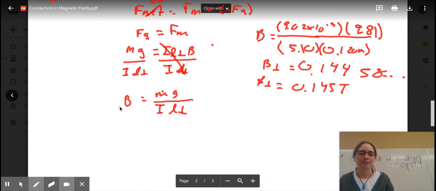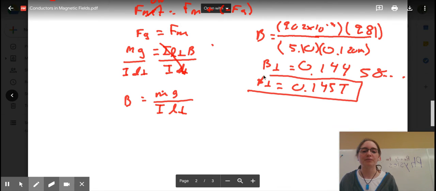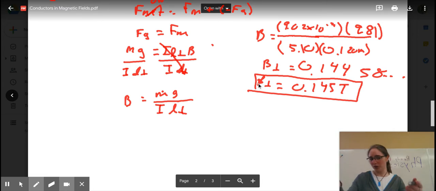Now when we look at the question, you're going to see that it says magnitude of the magnetic field. It's not asking for direction. You haven't been given enough info for direction, so that's a very good thing. They're only asking for magnitude. Box your answer so that I know what you want me to mark for your final answer.